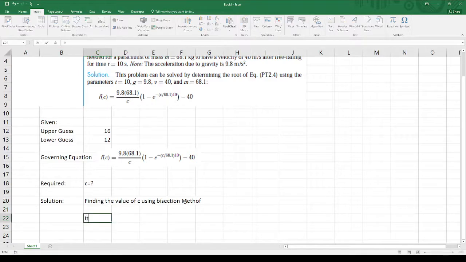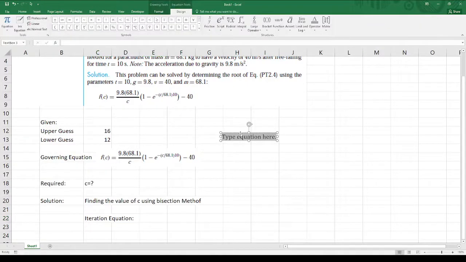Your iteration equation for this particular situation is based on the method that we learned from the bisection method itself. So our iteration equation, let's say, is your x sub r here.